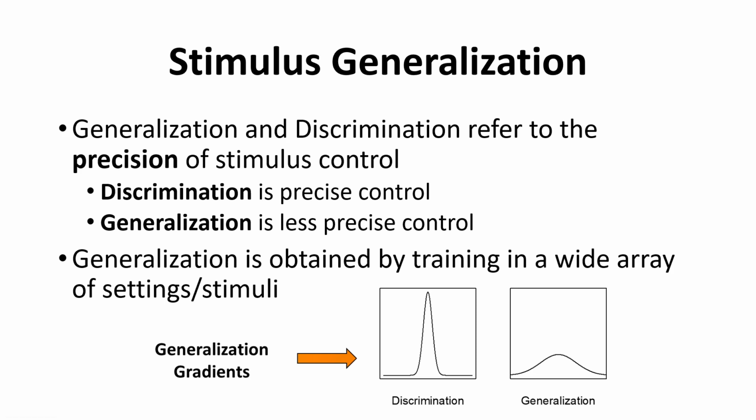If we want to bias a behavior to be more generalized, then we can do our training in more settings with more stimuli, so you have a wider array of different discriminative stimuli to work with. We can tell the difference between more of a discrimination side of things and more of a generalized side of things based on the steepness or the peakedness of the generalization gradient.